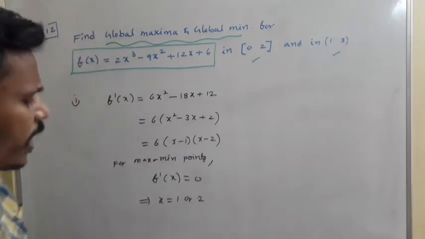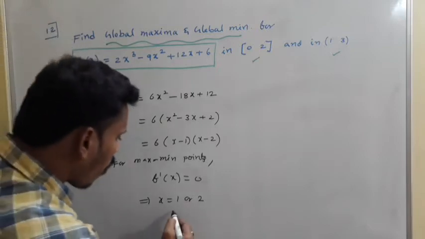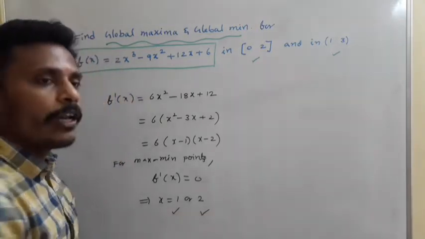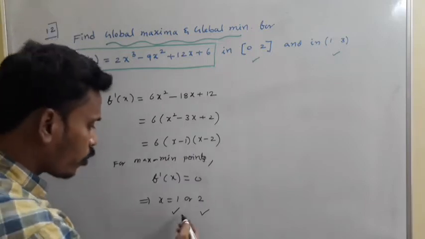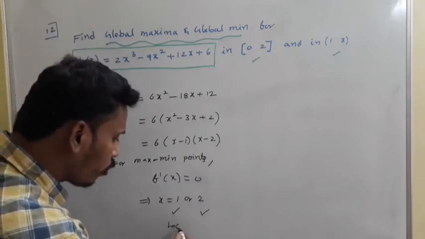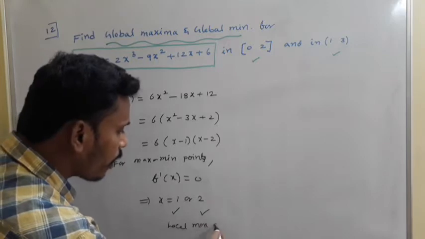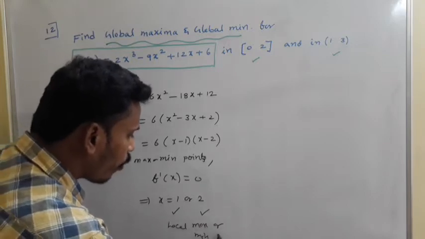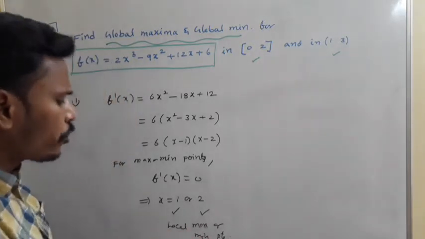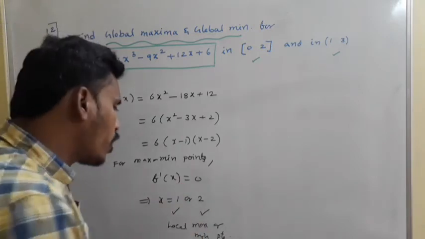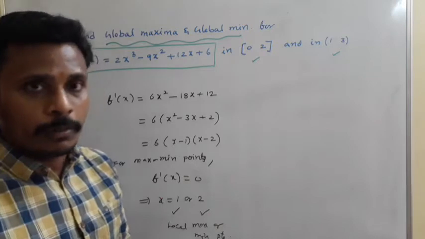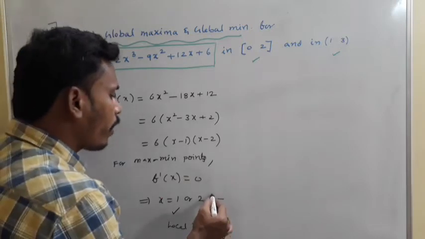These two points correspond to local maxima or minima points. There is no need to check whether 1 belongs to a maxima point or minima point, or whether 2 does. These are maxima-minima points. That's enough.